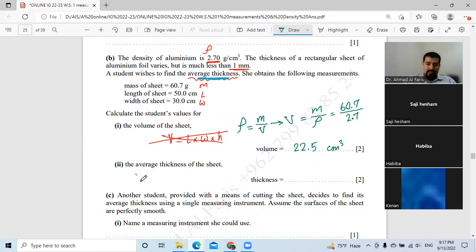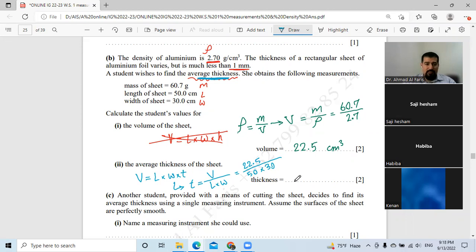So we know that the volume, which we just found, equals length times width times thickness, T, and the thickness equals volume divided by what? Divided by length multiplied by width. And it will be 22.5 over 50 centimeters times 30 centimeters.